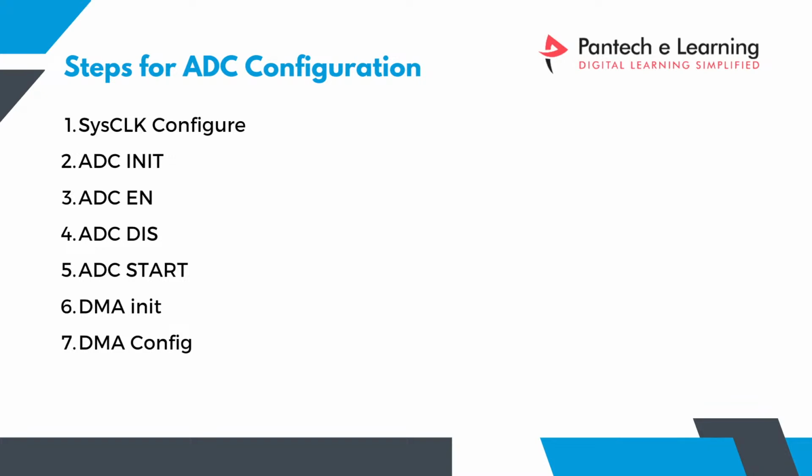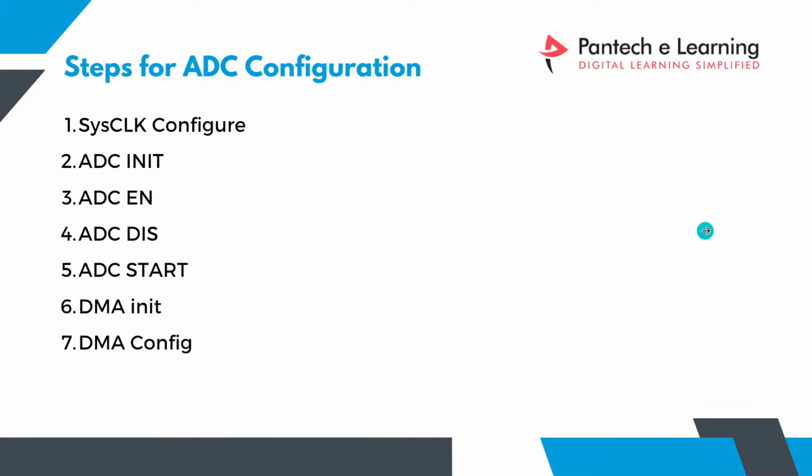Then we have to start the ADC process, so we will create an ADC start function. Then we will get into the DMA, direct memory access. We have to create an init function for the DMA, and we will create a function for the DMA config.